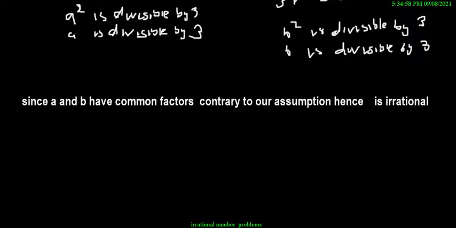So as you can see, a squared is divisible by 3, b squared is divisible by 3, a is divisible by 3, b is divisible by 3.